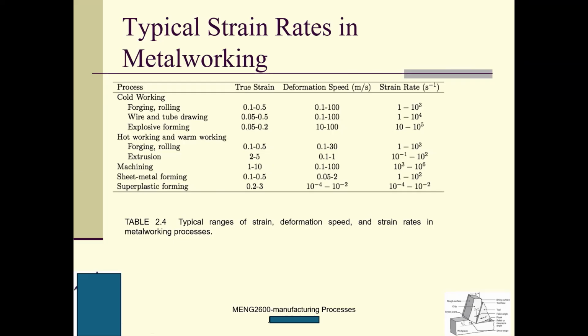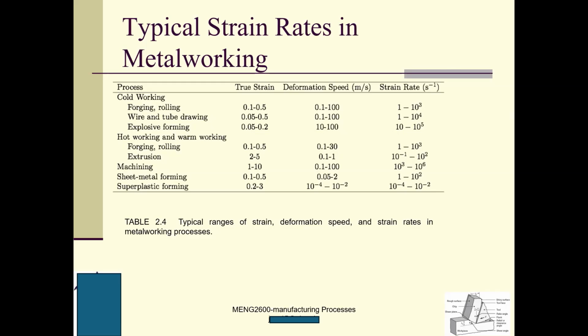Recrystallization is a very important temperature for all these metals. Cold working and hot working, the difference. I might ask you, and please use your own words, tell me the difference between these two processes. Machining is more complicated because there is a separation of the chips from the workpiece.